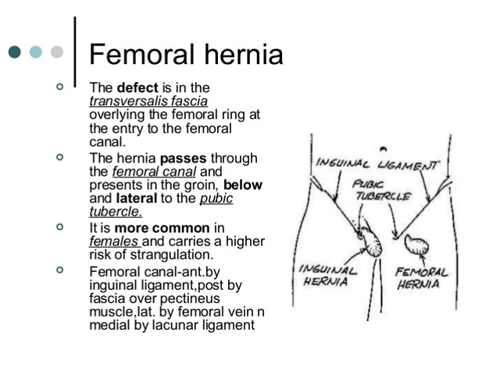So, in femoral hernia, the defect lies in the fascia transversalis, overlying the femoral ring at the entry of the femoral canal. The hernia passes through the femoral canal and presents in the groin, below and lateral to the pubic tubercle. This is very important to differentiate from the inguinal hernia.